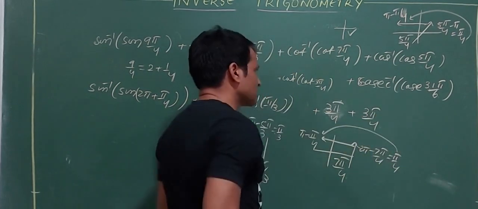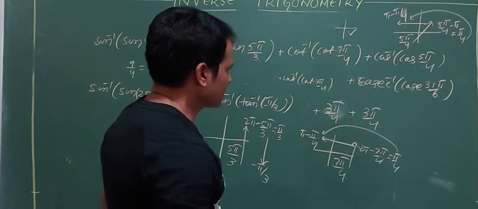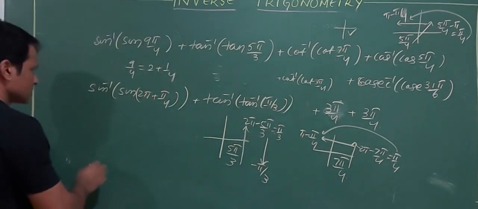Last one is left over, that is your cosec of 31 pi by 6. That is a little bit bigger value. 31 pi by 6, so what do I do now?